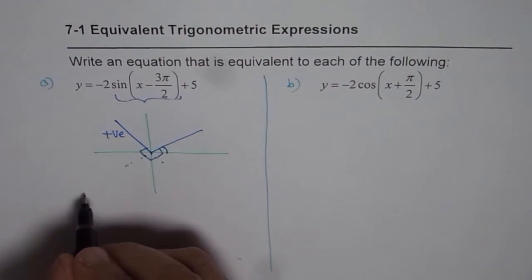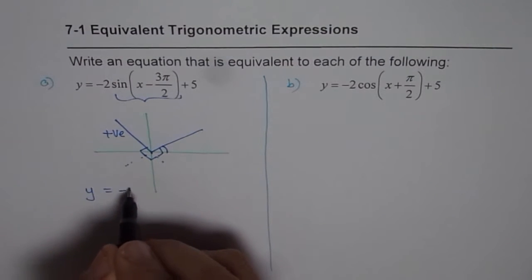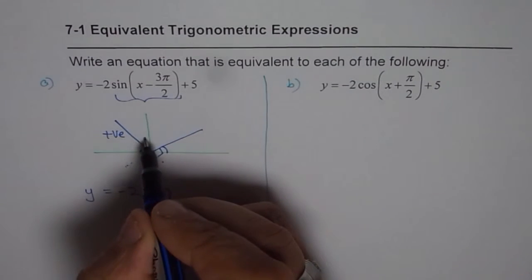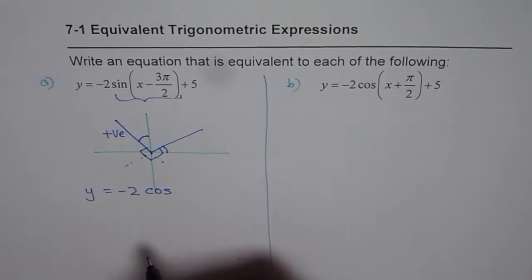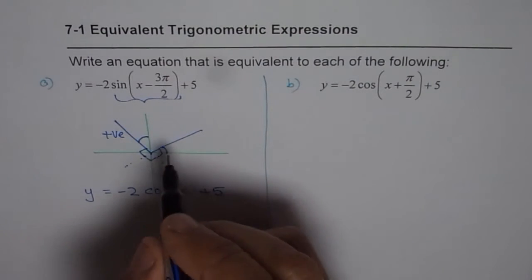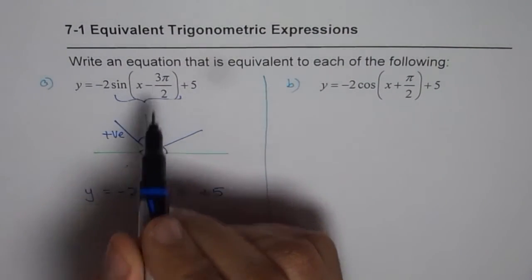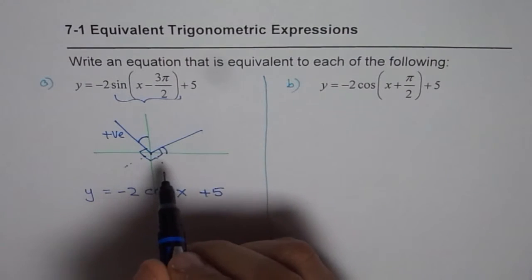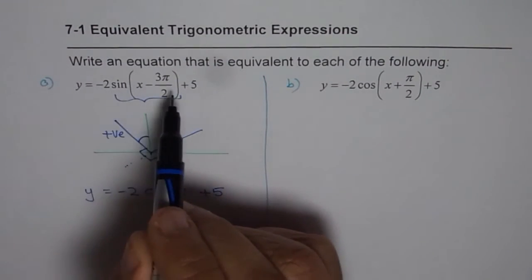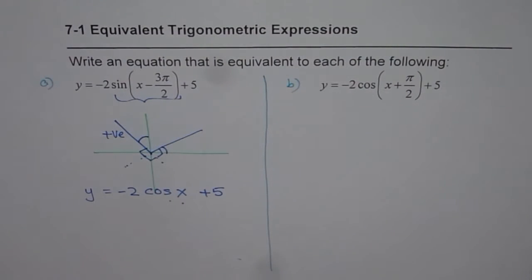And therefore I can write my equation as y equals minus 2 cos of the angle, and in this case the angle is x, plus 5. Why cos of x? Since cos of x minus 3 pi by 2 will give us cos of x. Since cos of x will return a positive value, and we are expecting a positive value for the same, that is why. Now let's do the next one.